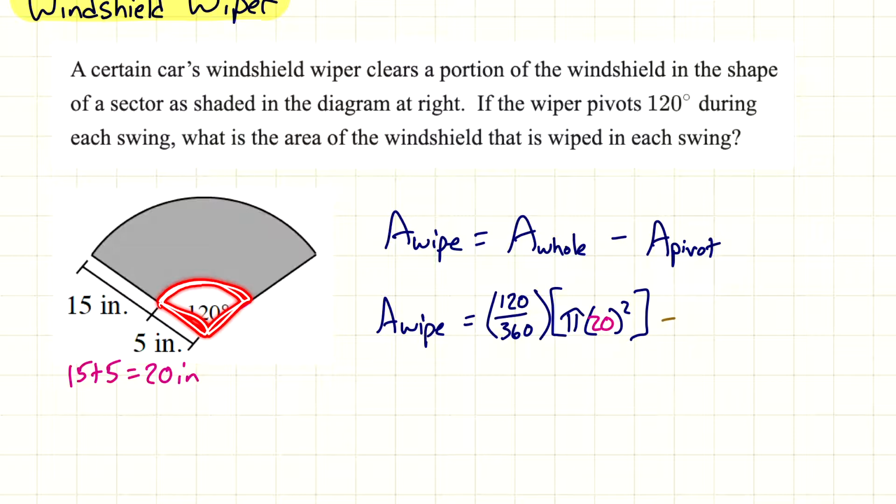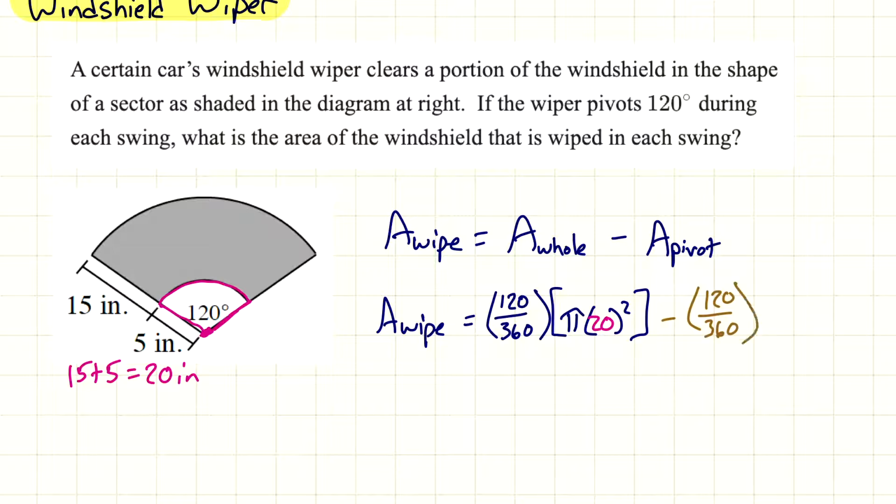So now if we only focus on the small piece, we're going to do the exact same work, except it's going to have a smaller radius, right? So let's do 120 over 360.